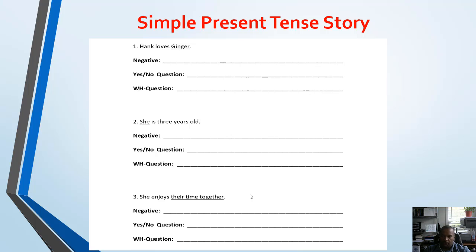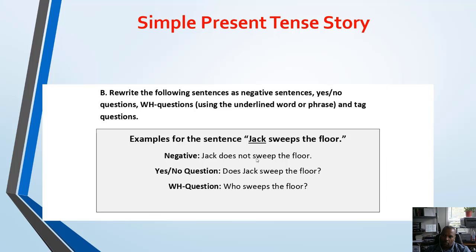Okay, so hopefully you had some time to go through these. So let's go through these together. All right. So number one is Hank loves Ginger. So remember, when we have the underlined word, right, we want to rewrite the following sentences as negative sentences, yes or no questions, WH questions, which would be something like who or what, and using the underlined word or phrase.